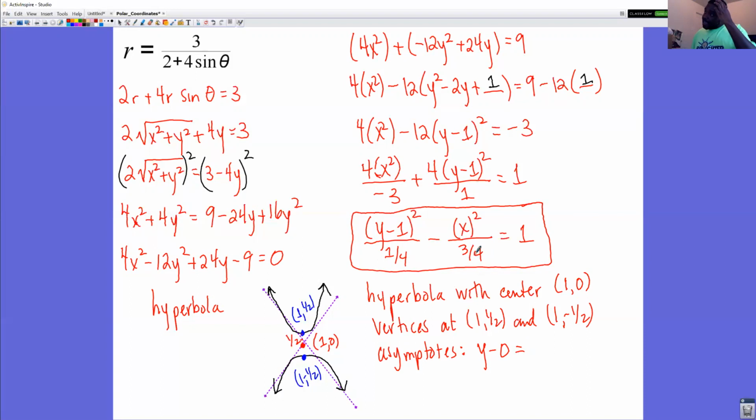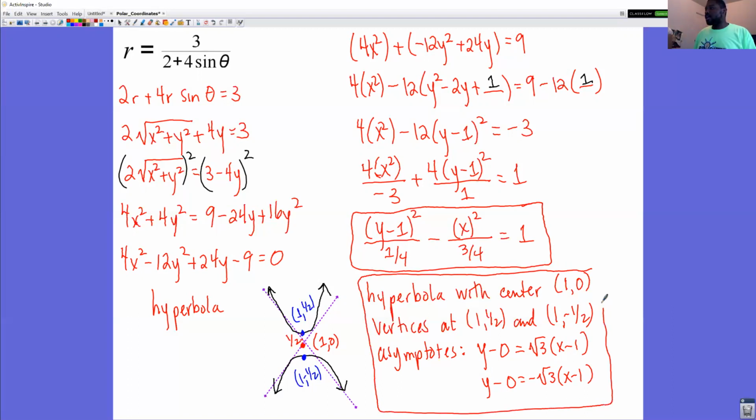Since both of these are fractions, I'm going to have to take the square root of them anyway. When I divide these two fractions, I'm going to get 3, and I take the square root of that. So I got positive square root of 3 times x minus 1. And then the other equation is y minus 0 equals negative square root of 3 times x minus 1. Okay, those are the attributes of the hyperbola.